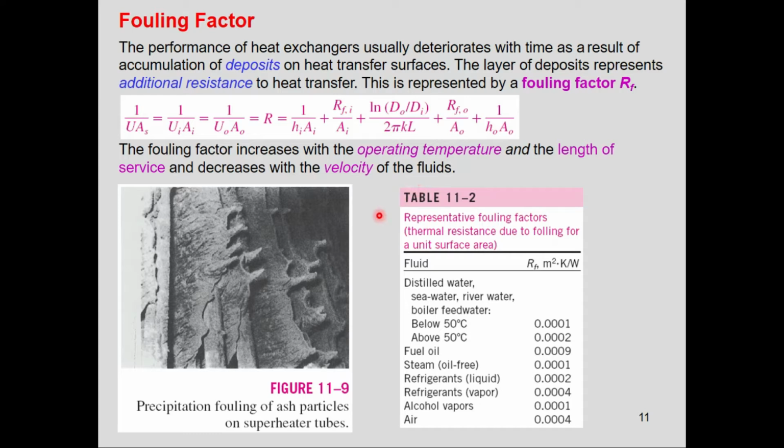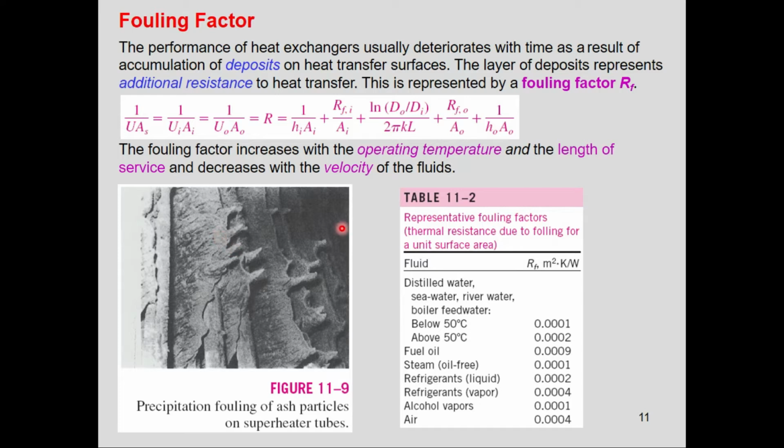So if you use a high velocity fluid, the deposited salts or the deposit materials will wash away with the high velocity fluids. I will explain in the upcoming topic how we can reduce the fouling and how we can overcome this fouling in the heat exchanger. There are multiple parameters with which we can control this fouling, right.